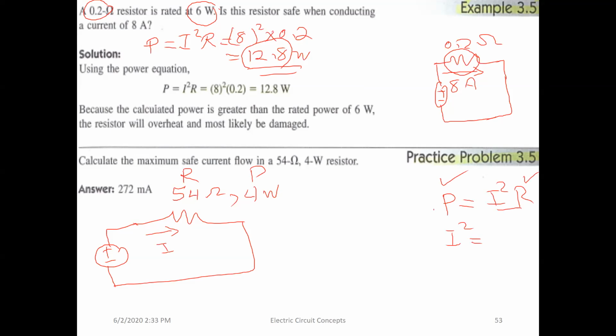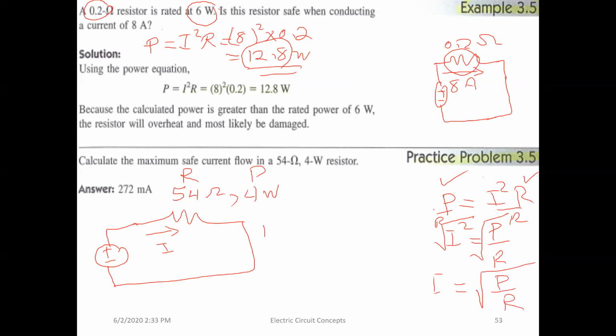We divide both sides by R, so this will be P over R. Now to find the current, we have to take the square root of both sides. So I is the square root of P over R.